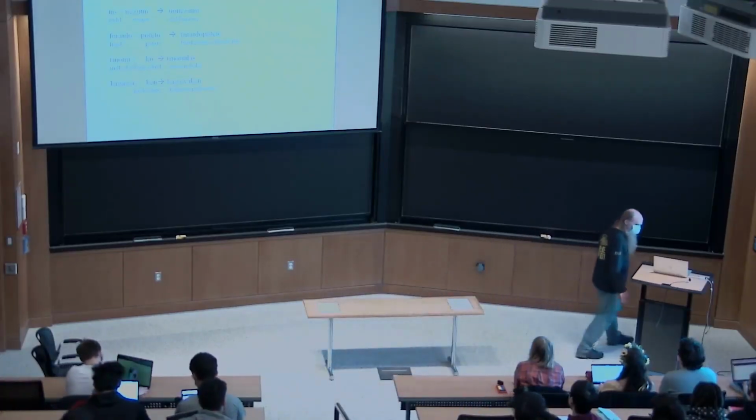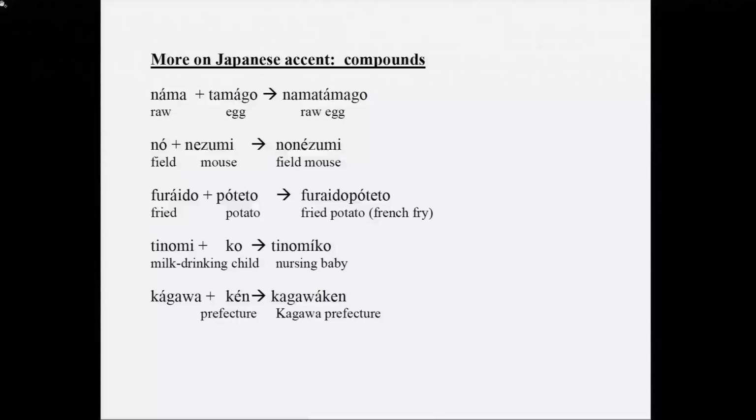What we were talking about at the end was the position of accent in Japanese compounds. So here are a bunch of compound nouns in Japanese. And the observation was that when you have a compound consisting of two parts, the result always has one accent. It has accent on one particular syllable.